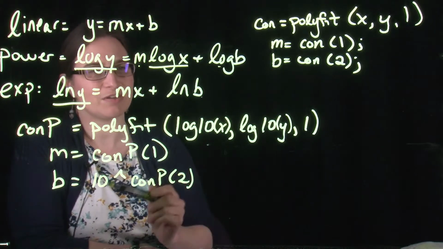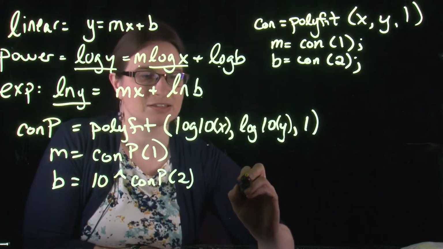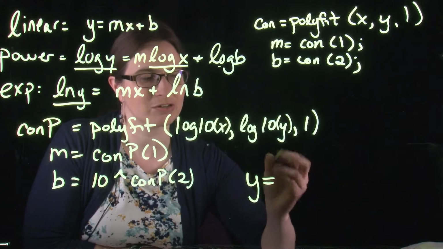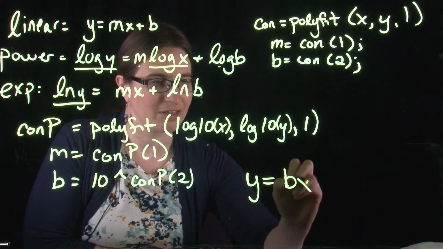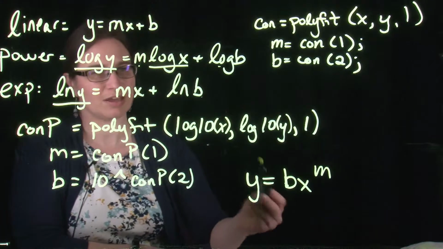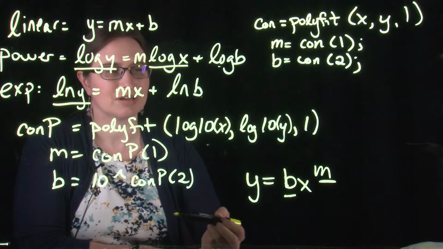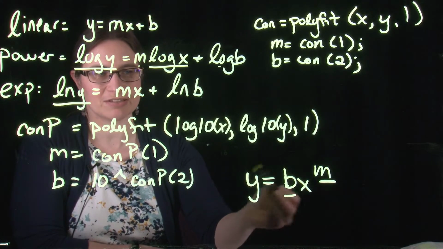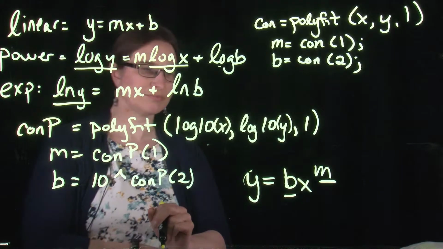And that's going to end up giving us our values for the power function. And again, this is our power function general equation. Y equals bx to the m. Okay, so these are now the values for this equation. Okay, and we can plug in our value of x and get our best fit line y.